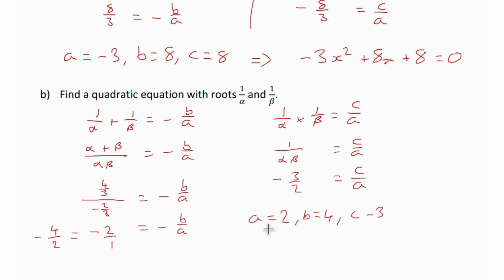So if a is equal to 2, that works. If b is equal to 4, that works. And if c is equal to minus 3, that works. So an equation with these roots would be 2x squared plus 4x minus 3 equals 0.